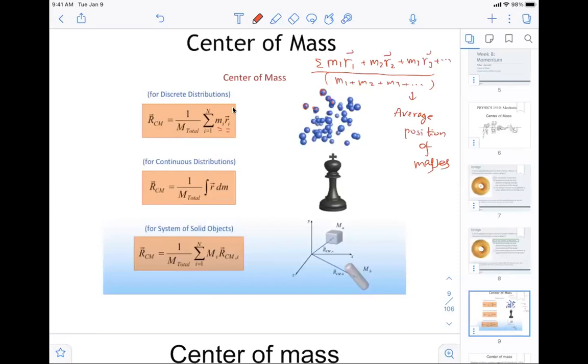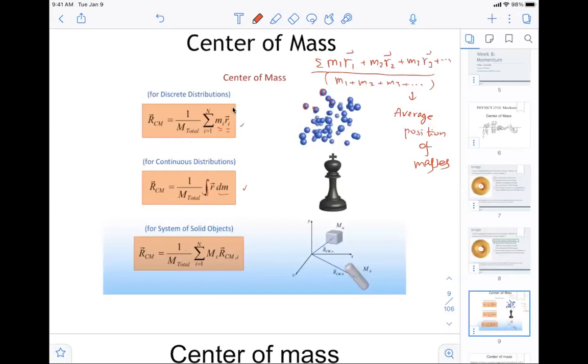Now, if you have a continuous distribution, where the little bits are not discrete, they're all connected, like our objects in daily lives, then you have to change the sum into an integral. A little bit of mass is little dm, and you integrate all the masses. We will look at examples for both of these later on.